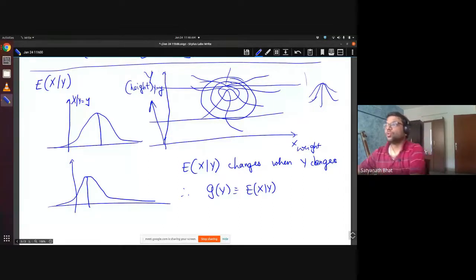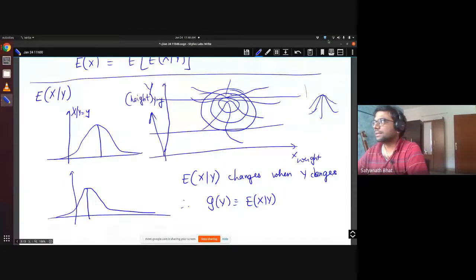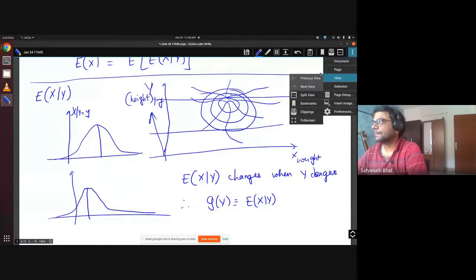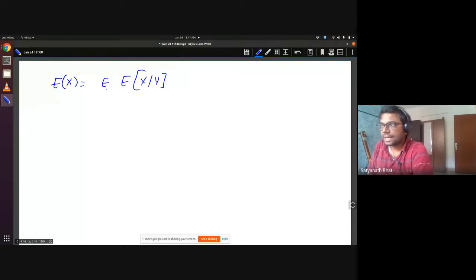So when I write the expected value of x is equal to the expected value of x given y, I'm treating this as a function of y.